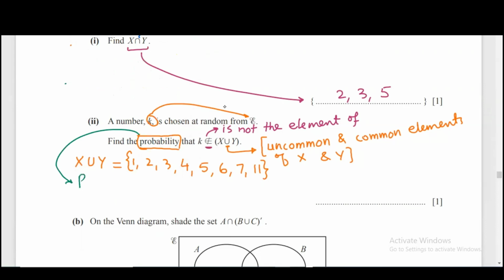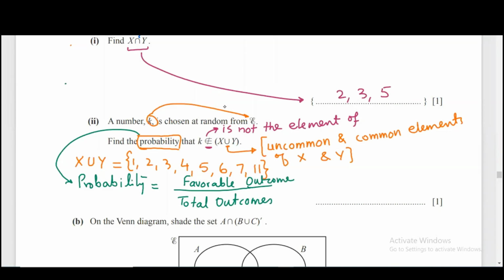Probability equals favorable outcomes in the numerator, over total outcomes in the denominator. You have to find the probability for K, and K is chosen from the universal set.